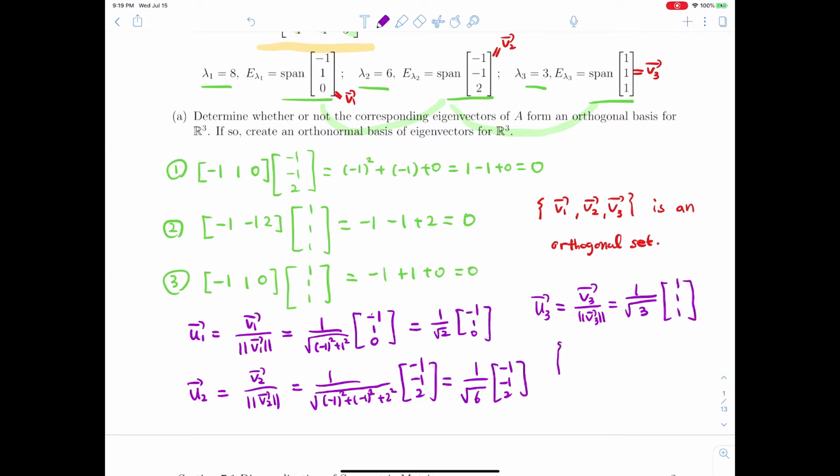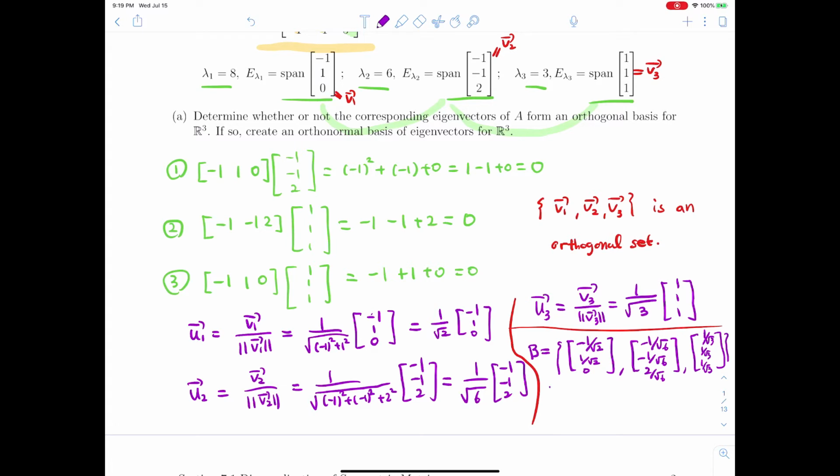Then B, consisting of these three vectors u1, u2, and u3, is an orthonormal basis for R3.